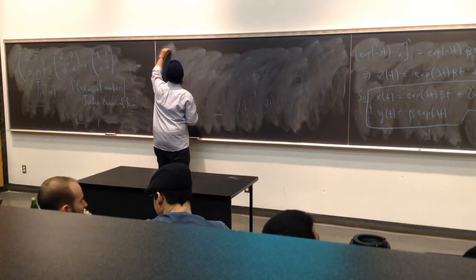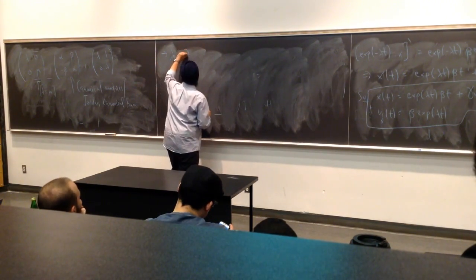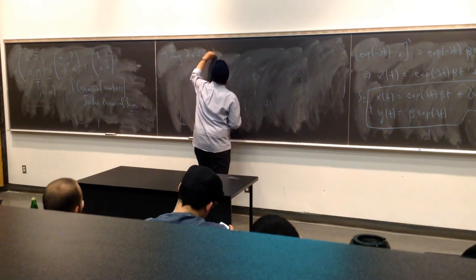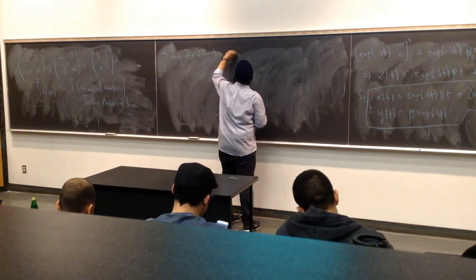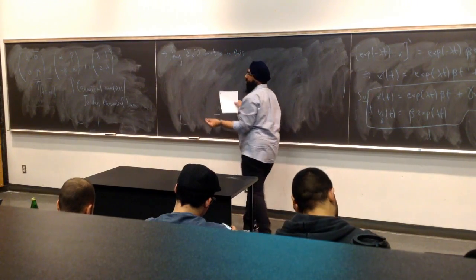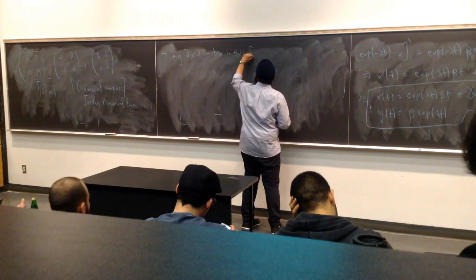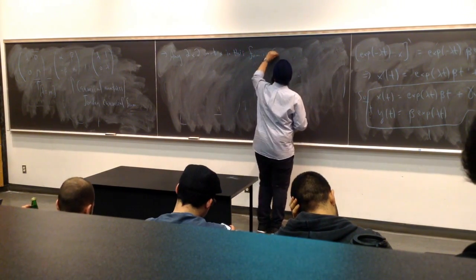So my claim is that any 2x2 matrix in this form or in one of those forms is what we call canonical form.